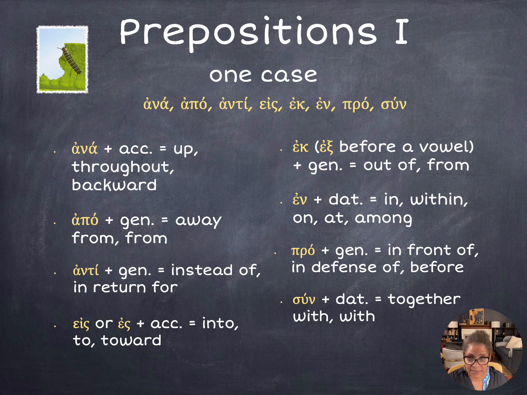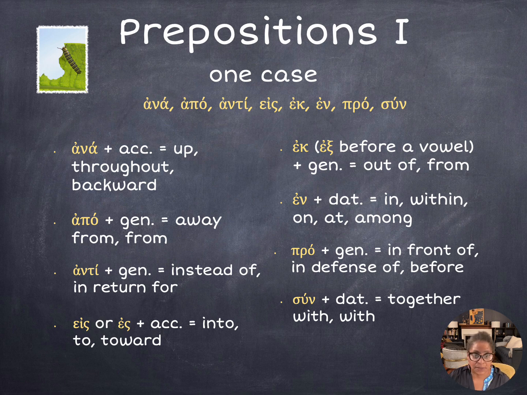So ana takes the accusative, and it means up, or it can also mean throughout in the sense of distributed throughout, all over the place. It can also mean backward as well. So up, throughout, and backward for ana.